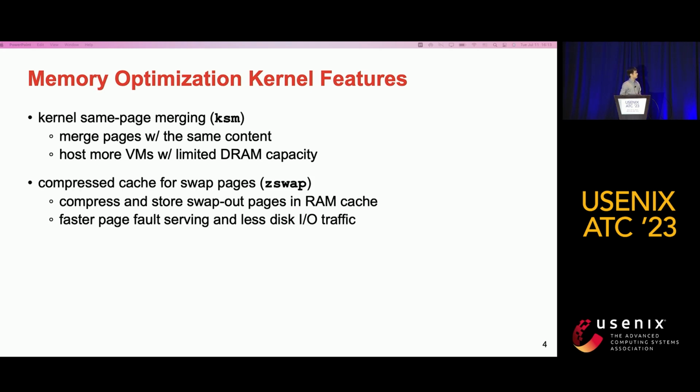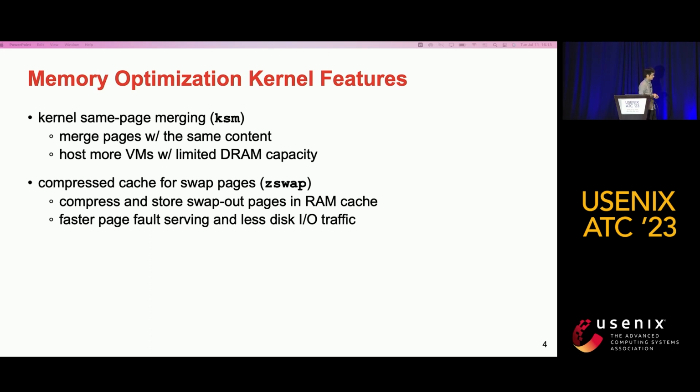The second one is compressed cache for swap pages, also called zswap. zswap compresses and stores the swapped-out pages into a RAM cache instead of our common backup storage like disks. With zswap, the system can serve the page fault more quickly if you have a hit on this RAM cache, and you also have less disk I/O traffic.